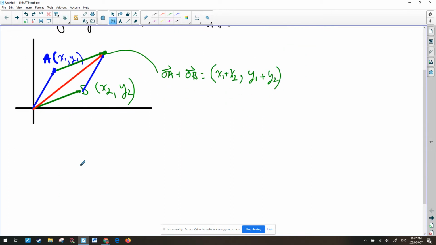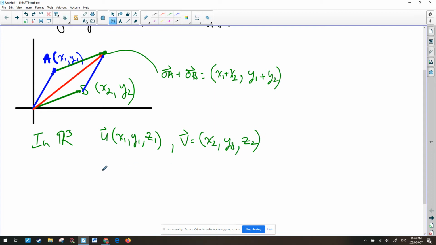And so this is beautifully extensible in R3, and I'm not going to draw a diagram of it. But in R3, if we were to take two vectors, vector u, which was x1, y1, z1, and the vector v, which is going to be x2, y2, z2, and we said what is u plus v?